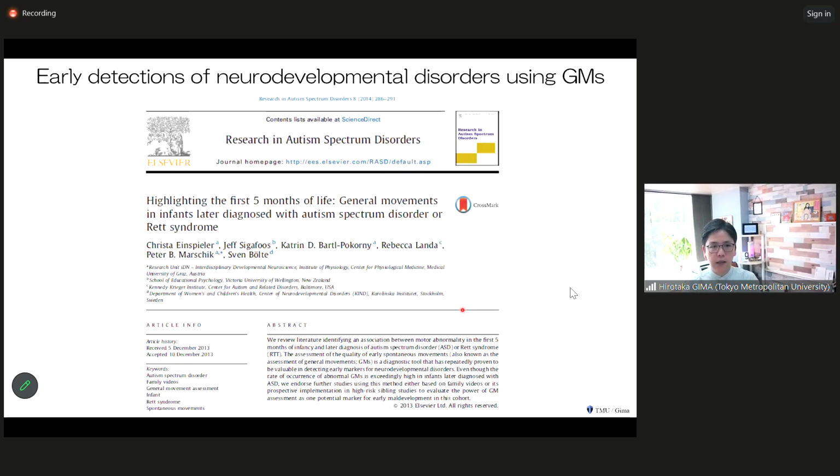Authors indicated that the rate of occurrence of abnormal fidgety movements is exceedingly high in infants later diagnosed with ASD, and they suggested evaluating the abnormality of GM fidgety movements as one potential marker for early maldevelopment.